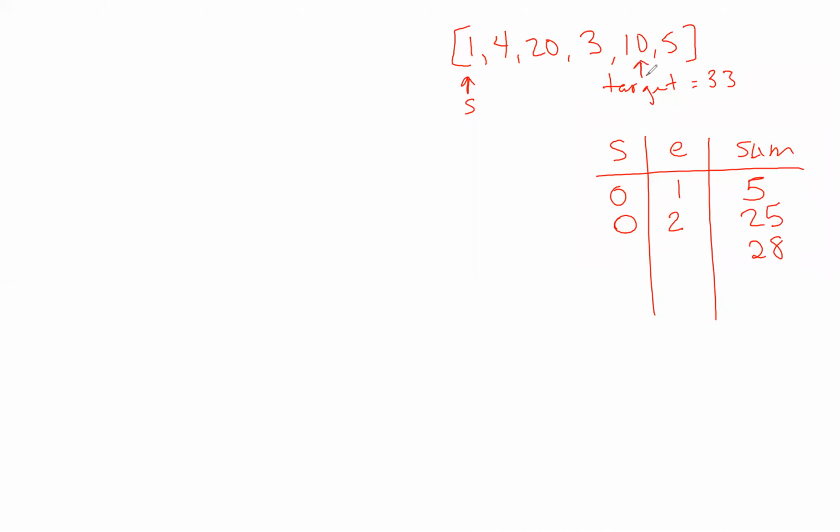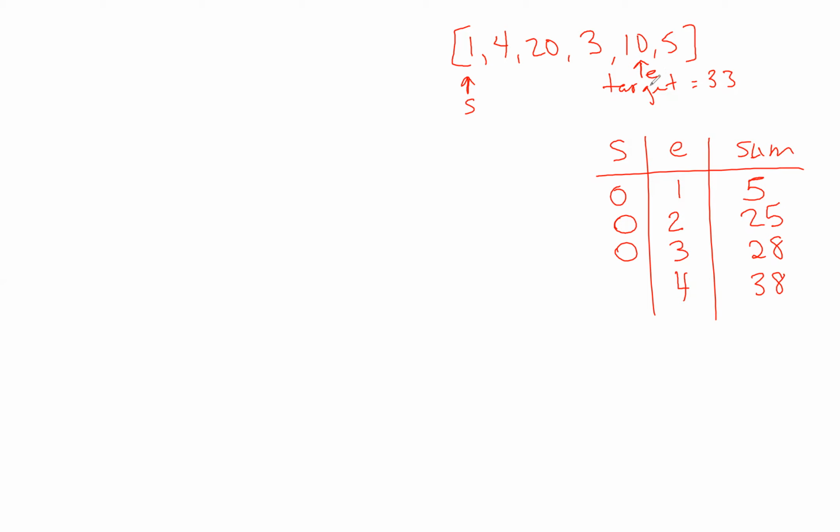Now E is 4, at the 10. And that was when E was 3, S was still 0. 10 plus 28 is 38. Okay, 38 is actually bigger than the 33.